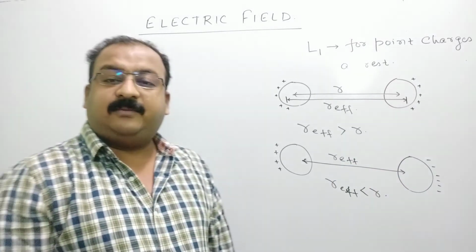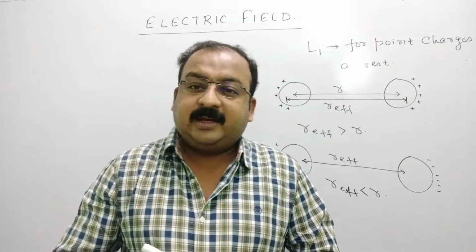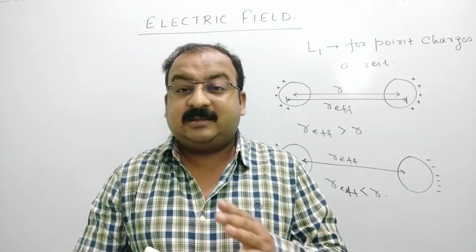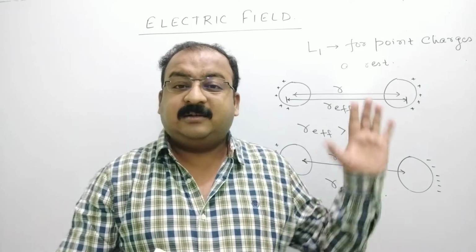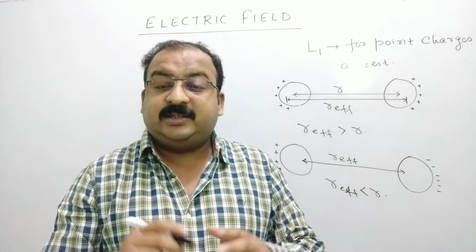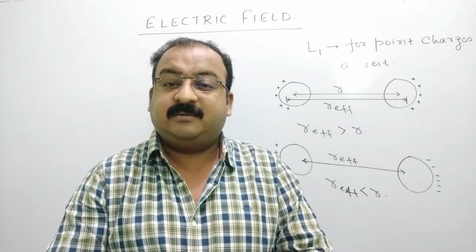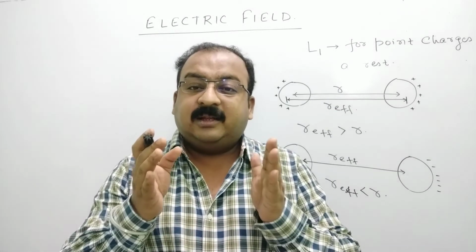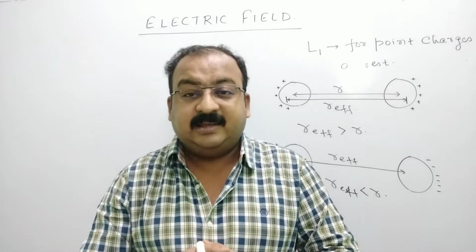So overall, what is happening? In both cases, the actual distance between the bodies is different from the distance we get when the charges are induced on the body due to the effect of induction. And this induction effect causes the effective distance between the centers to change.